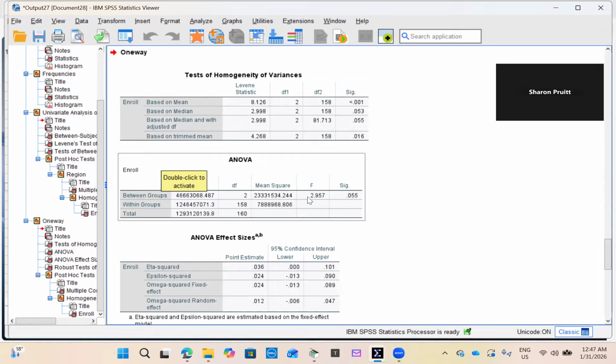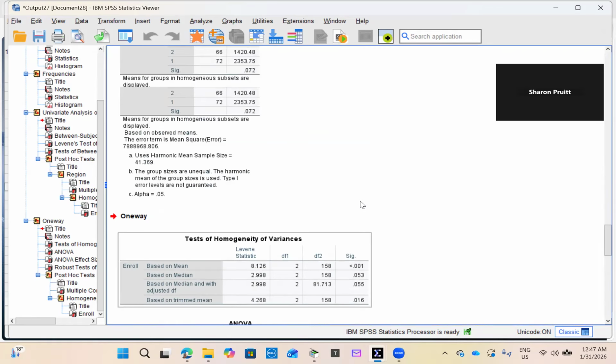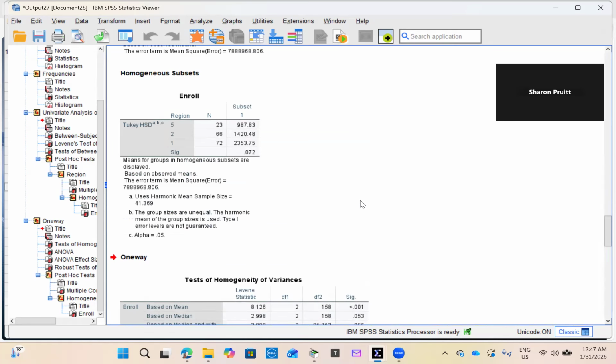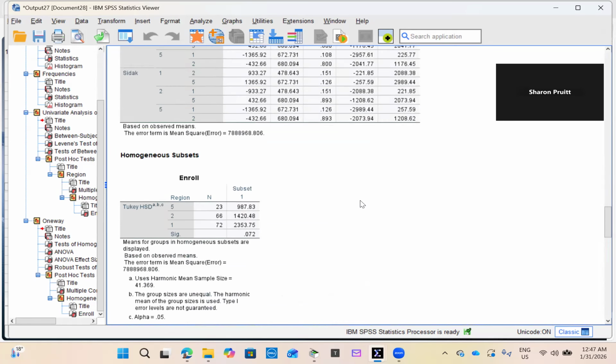F and SIG values are listed, and the F value is 2.957 with a p-value of 0.055. Both the univariate test and the ANOVA table led to the same conclusion.